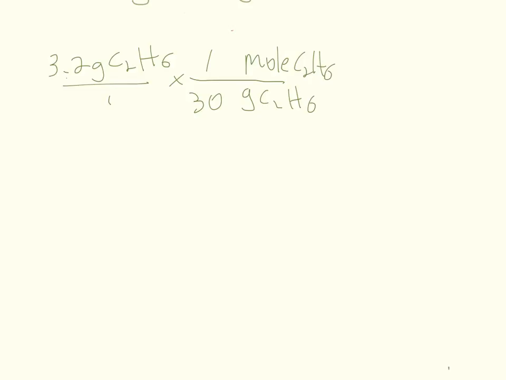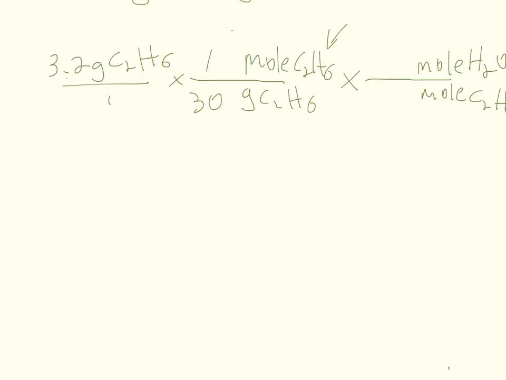But ultimately, the question is asking about water. So my next step is to multiply it times a mole ratio related to the water. A mole ratio is going to be a mole value over a mole value. Now we need to get rid of the C2H6 that's on top here, so it's going to be on the bottom. C2H6 ran out of room there, but on your paper you would have C2H6. And on top we're looking for water, so I'm going to put water up there. The numbers that go with that ratio are the coefficients of the chemicals.